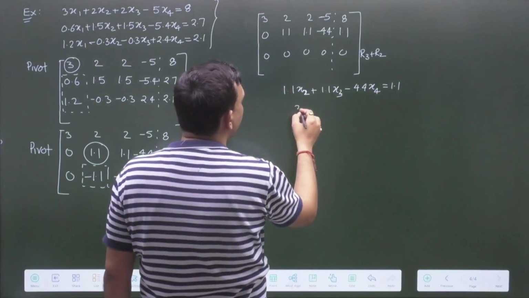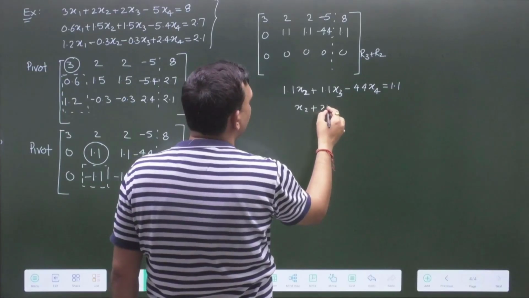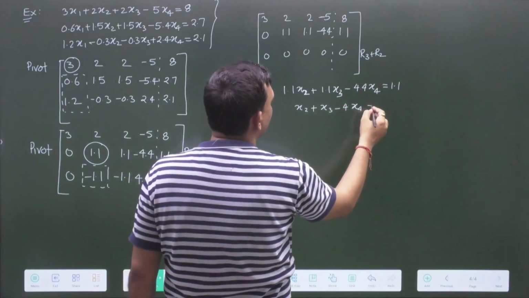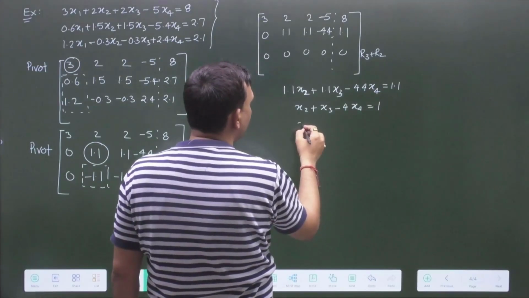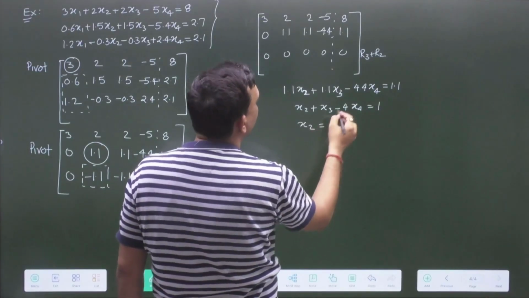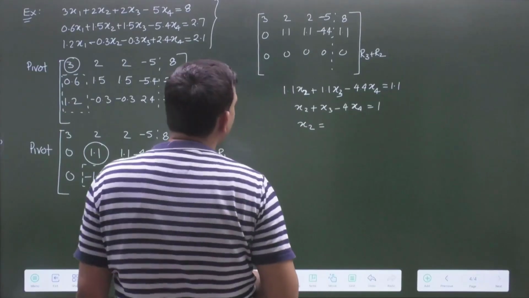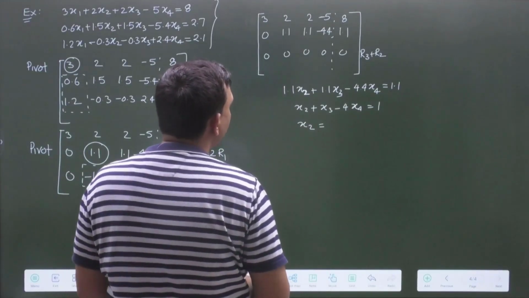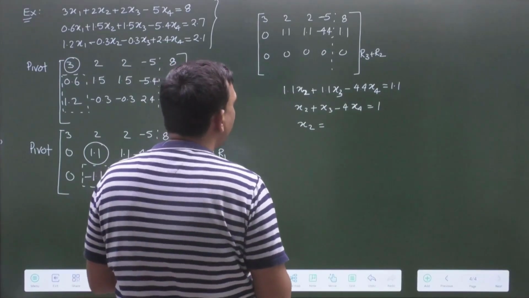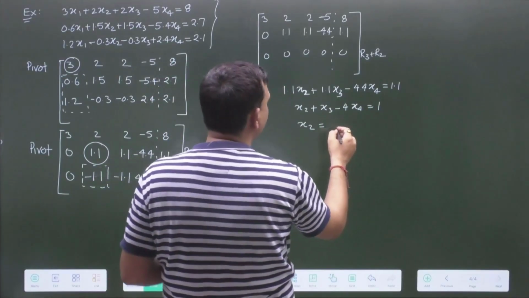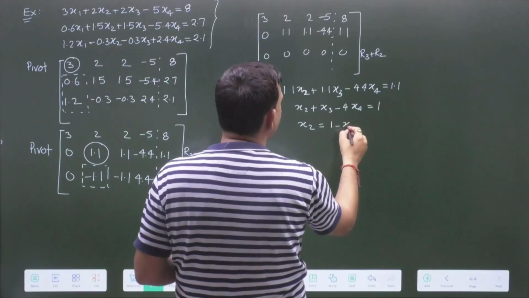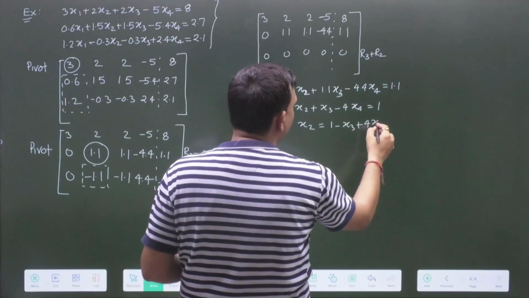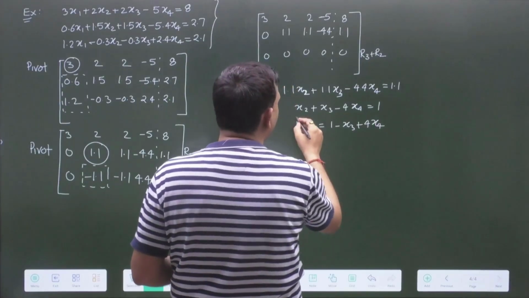Divide by 1.1, so x2 plus x3 minus 4x4 is equal to 1. So x2, is it correct? So what will be x2 from this equation? x2 is 1 minus x3 plus 4x4. You will get this equation.